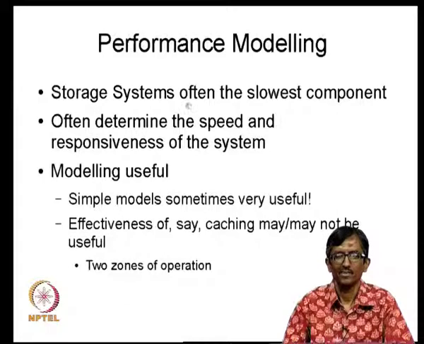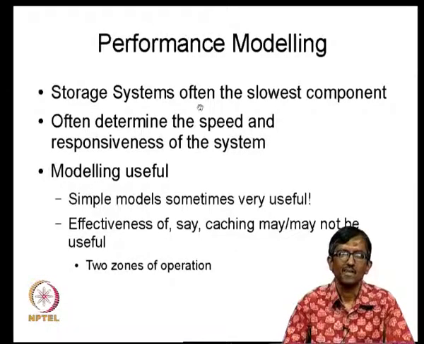Oftentimes in storage system situations, you do what is called back of the envelope calculations. A good example is if somebody says I have a disk and it can only do a random access in about 10 milliseconds max, that they cannot do anything better than that.